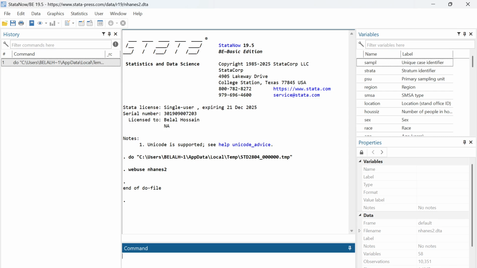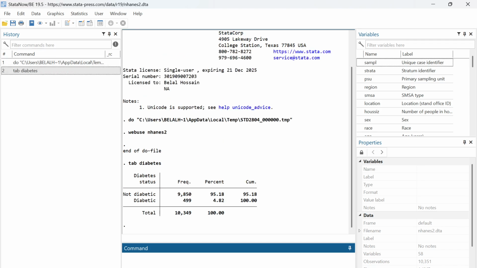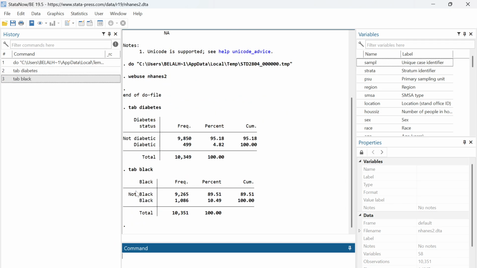Now, previously I showed you I'm going to work on two variables. One is called diabetes, a categorical variable of two categories, not diabetic and diabetic, and then another variable, black, which is also categorical, black and not black.